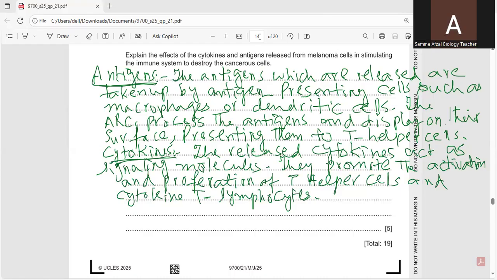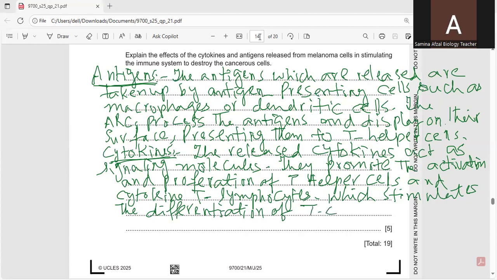And then which stimulates the differentiation of cells into killer cells capable of targeting the tumor.